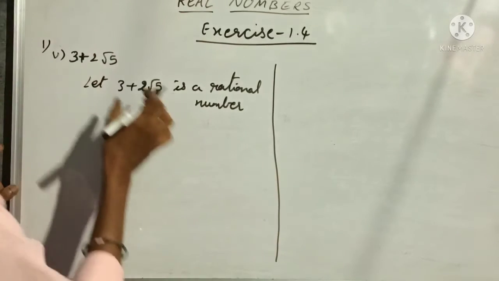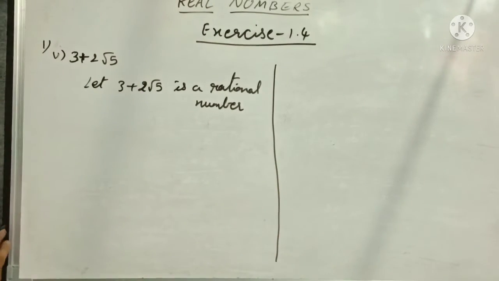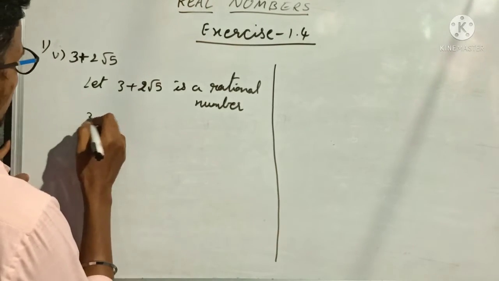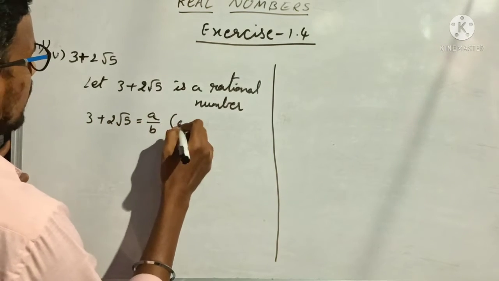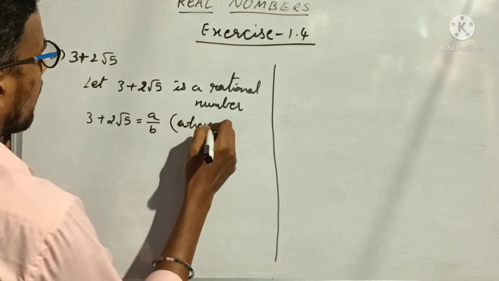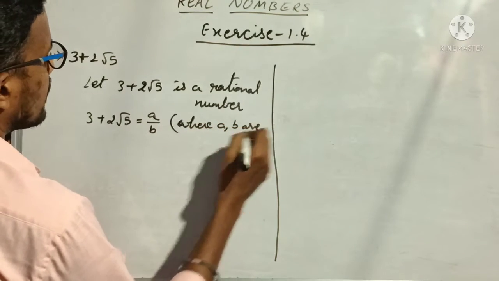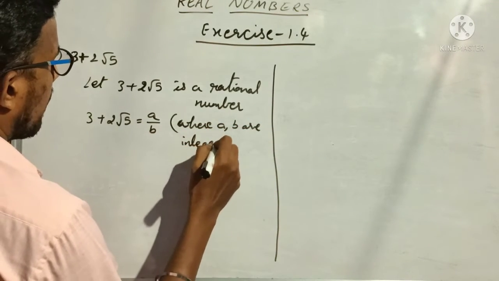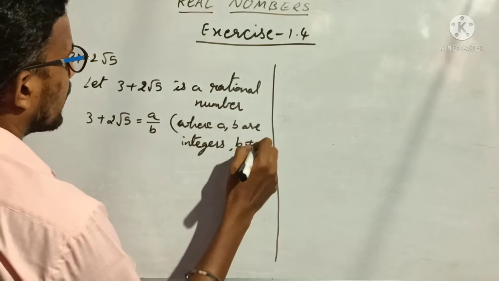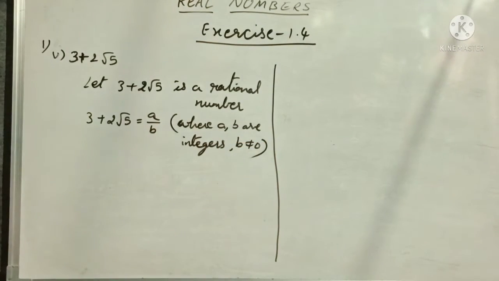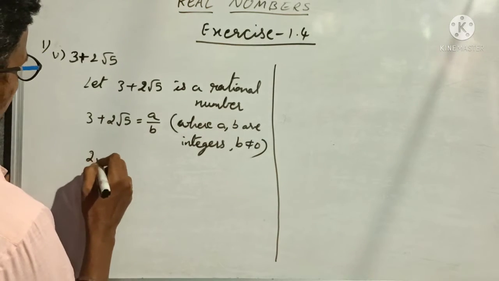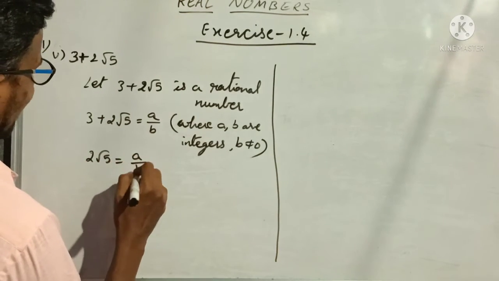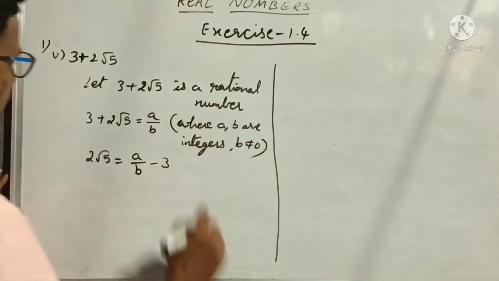Okay, I am taking 3 plus 2 root 5 as a rational number. So that becomes 3 plus 2 root 5 is equal to a by b, where a, b are integers, b not equal to 0. Okay, this is the condition. So again from this I will get 2 root 5 is equal to a by b plus 3 becomes minus 3.